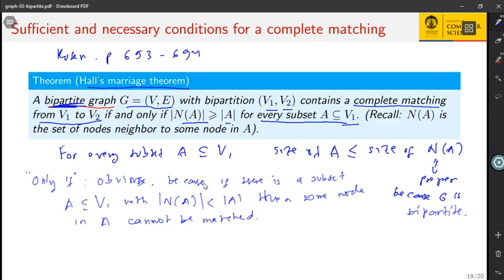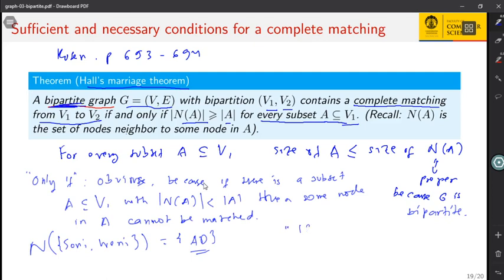As we saw in the previous example, the set Sony and Winnie, the neighbor of this is really just the set of AD. So if Sony is matched to AD, then Winnie cannot be matched to anything, right? So that's the idea.